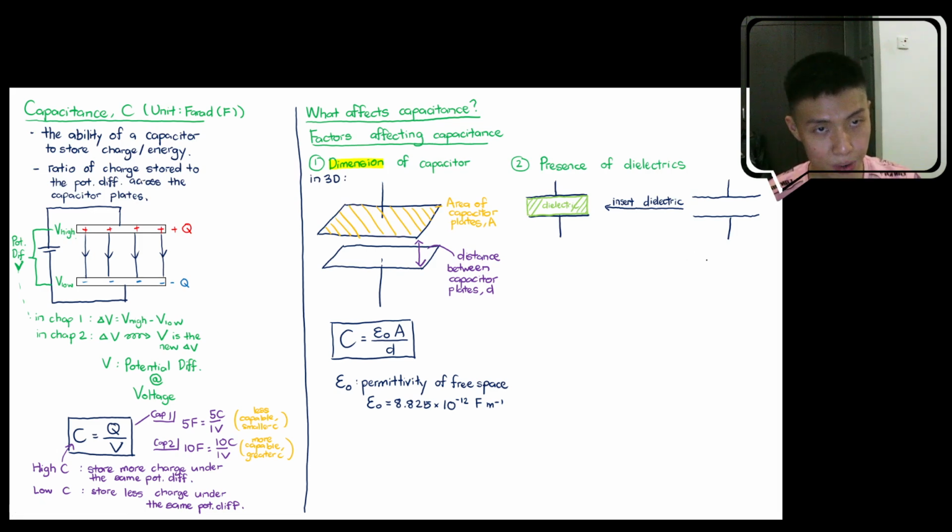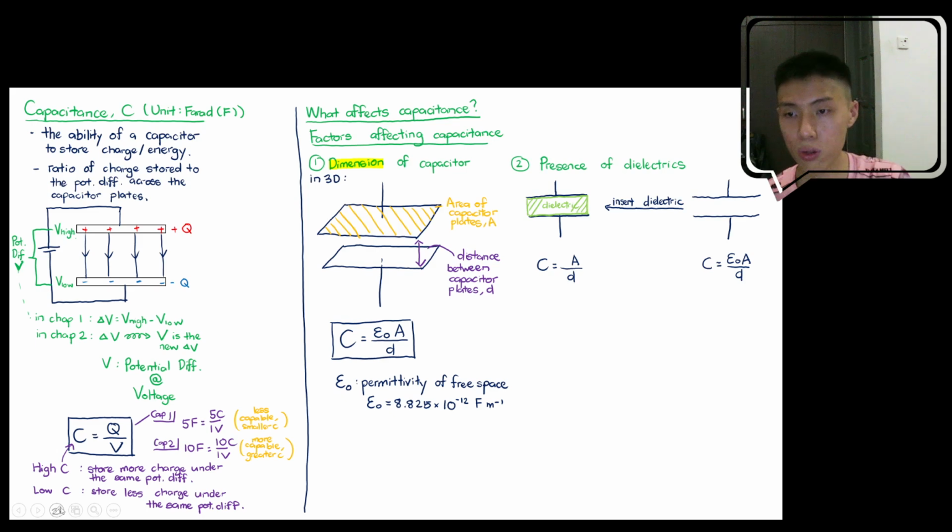The equation previously without the dielectric, we call it epsilon naught A over D, right? But once you insert the dielectric inside, the area remains the same, the distance remains the same, but it's no longer free space anymore.